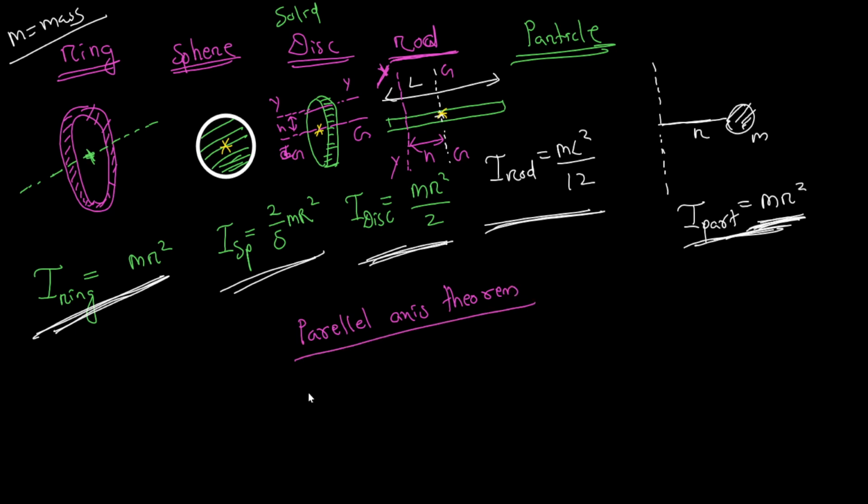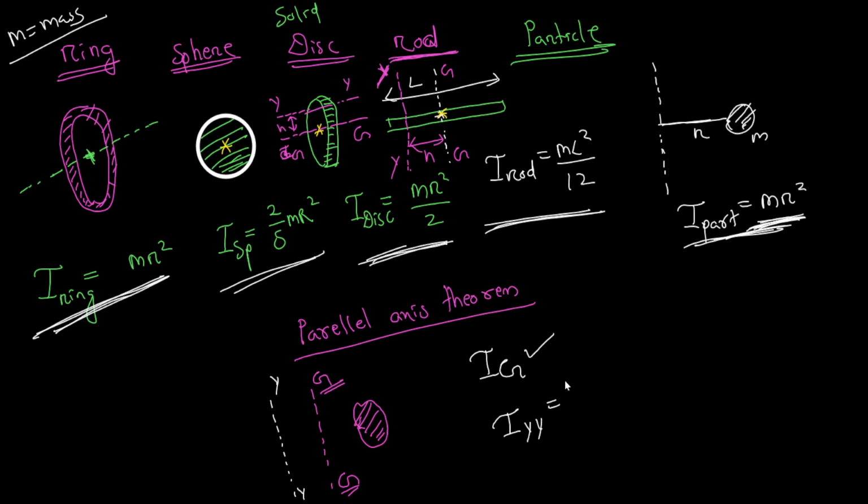The parallel axis theorem says, suppose you have this axis gg, and you know the mass moment of inertia of any random object about this axis. You want to calculate the mass moment of inertia about another axis, which is y. If you know the Ig value, you can calculate the mass moment of inertia of the same object about the y axis.